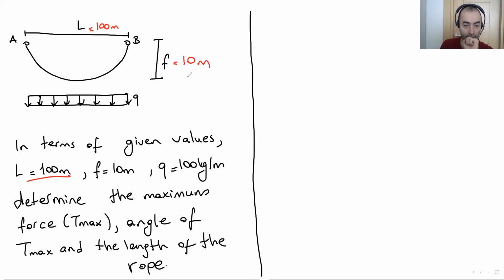All they are coming from the question. Q is 100 kilogram per meter. What the question asks us is: what is Tmax, what is the Tmax angle, and what is the cable length?